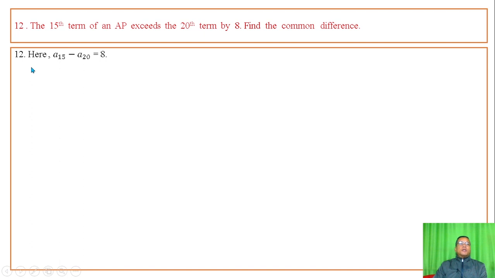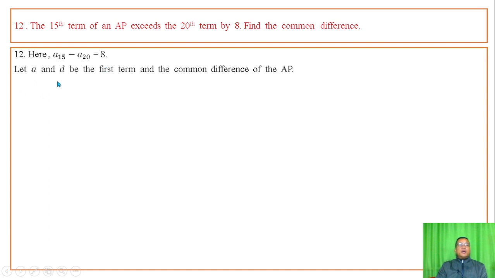12. The 15th term of an AP exceeds the 20th term by 5 (as stated). Find the common difference. Let a and d be the first term and common difference of the AP.